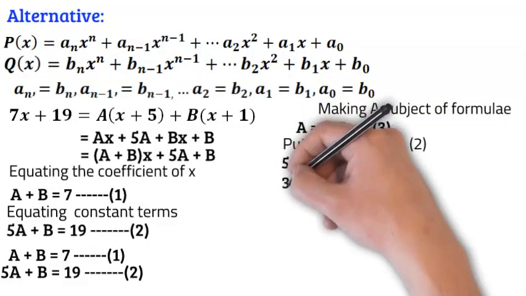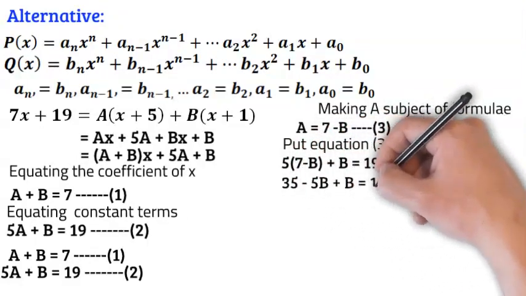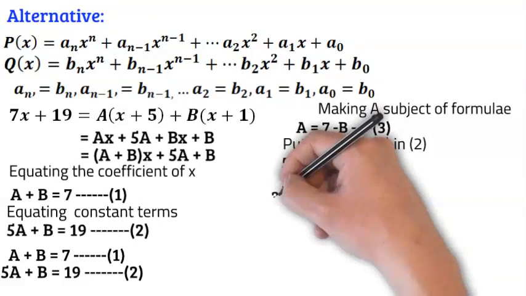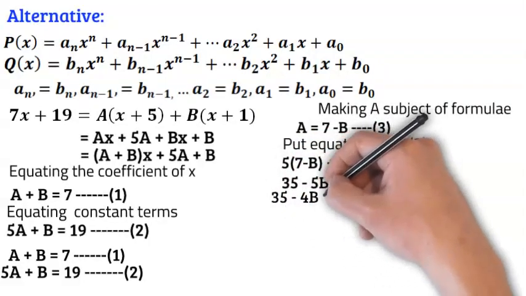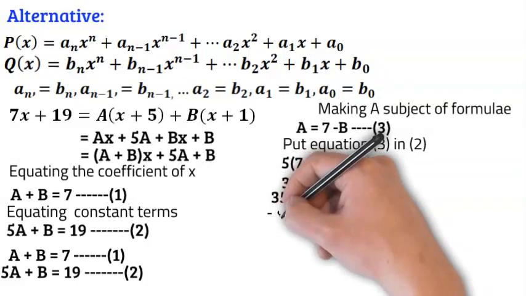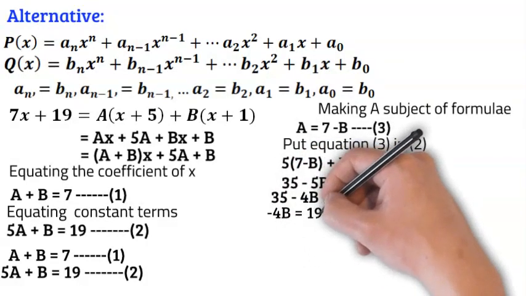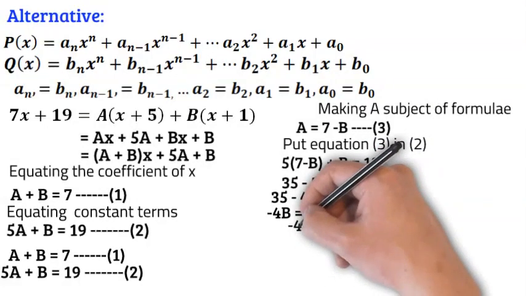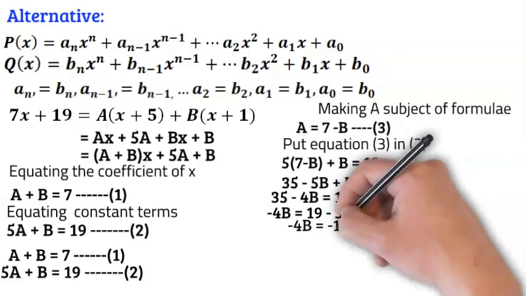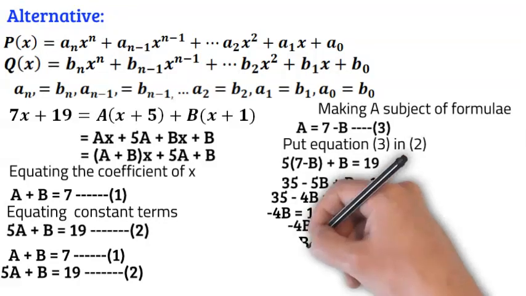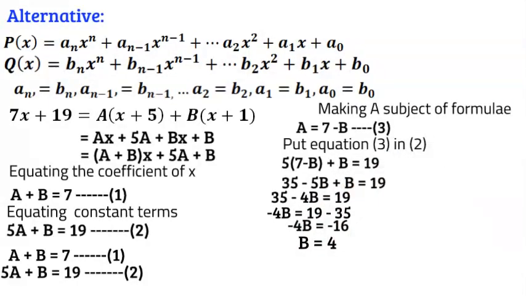If we solve that, we have 35 - 5B + B equals 19, so 35 - 4B equals 19. So -4B is equal to 19 - 35, that is, collecting like terms. So we have -4B equals -16. Dividing both sides by -4, our B will be equal to 4.